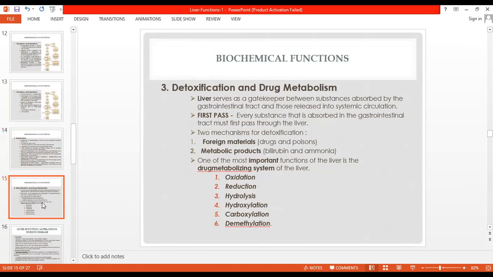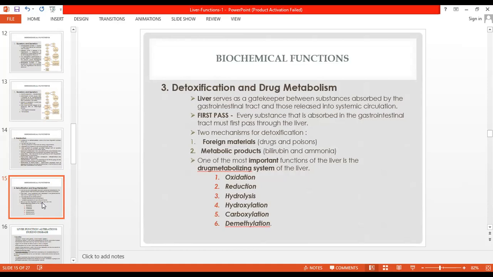This is referred to as first pass. This is an important function of the liver because it can allow important substances to reach the systemic circulation and can serve as a barrier to prevent toxic or harmful substances from reaching systemic circulation.